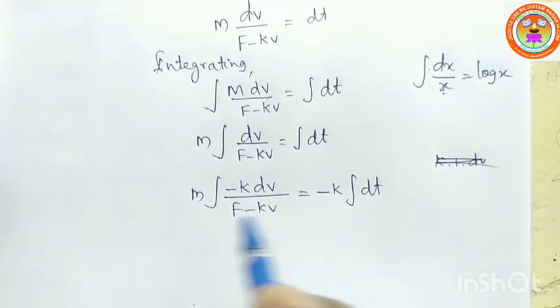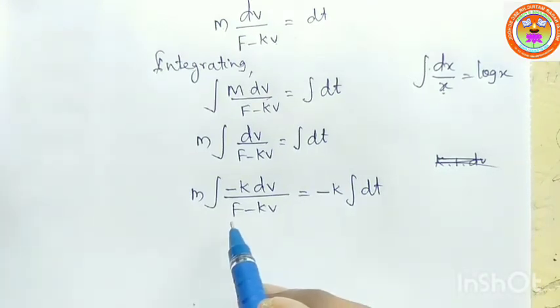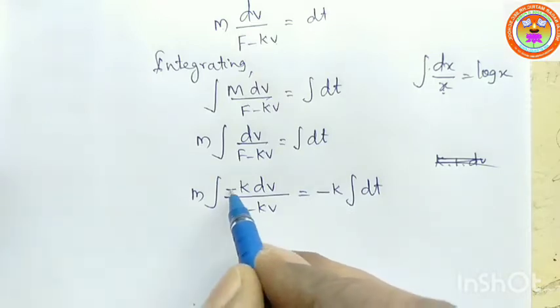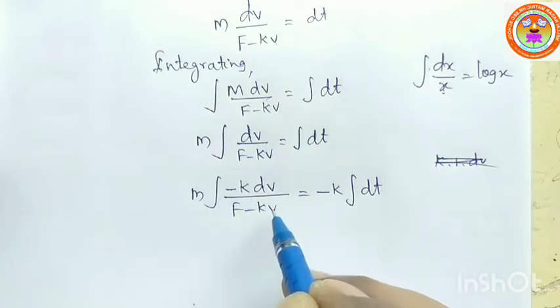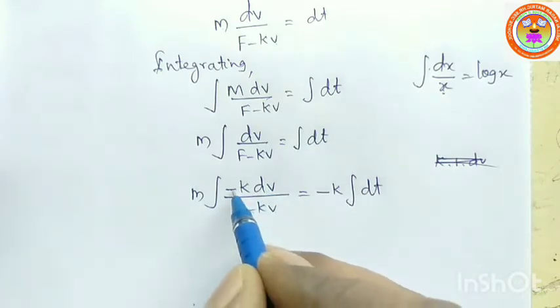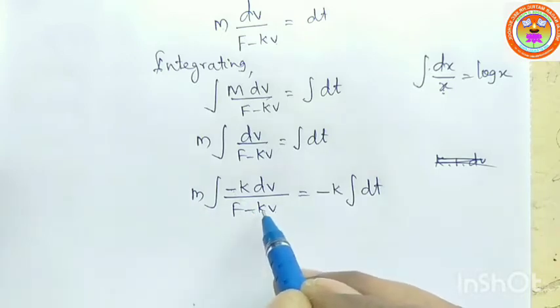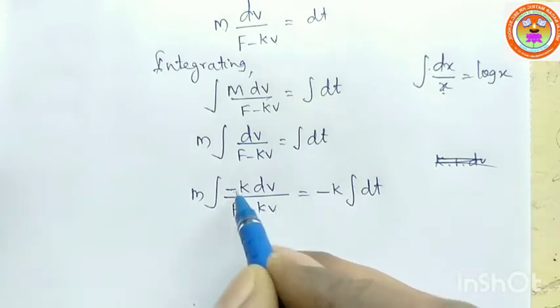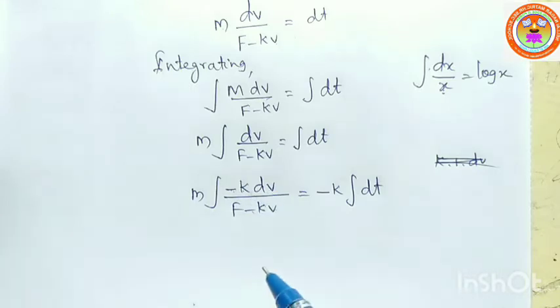Now let's check the terms. In the denominator, the differentiation of F is 0, minus k into differentiation of v, which is 1 into dv. It is there, right? See, the minus symbol is there. The differentiation of k into v is k into 1 into dv.